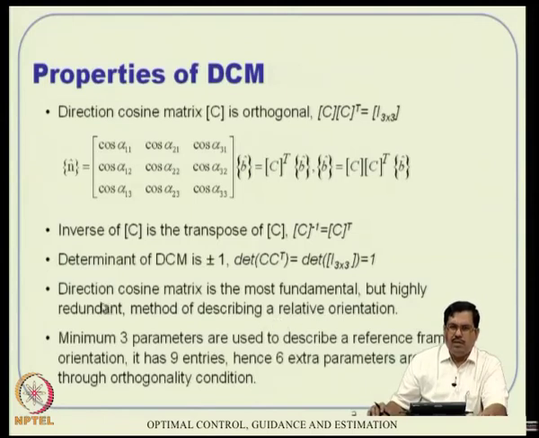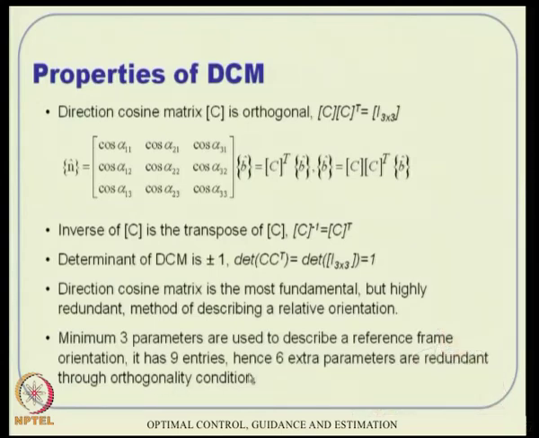As I told, direction cosine is probably the most fundamental, most natural way of visualizing things, but it is also highly redundant. We require 3, but it has given us 9 parameters, 9 entries. So, 6 extra parameters are redundant through the orthogonality condition. Because this matrix is orthogonal, the vectors are also orthonormal.